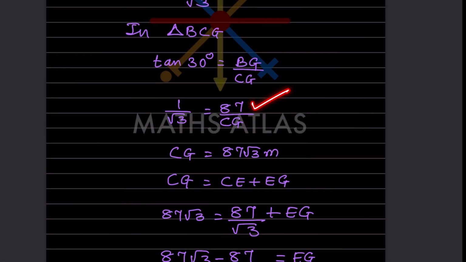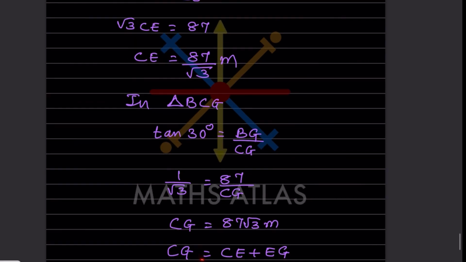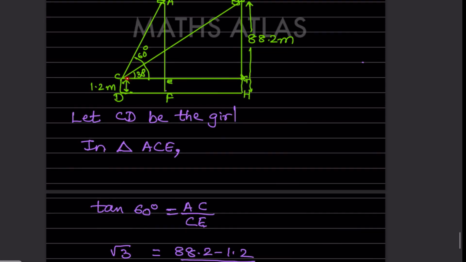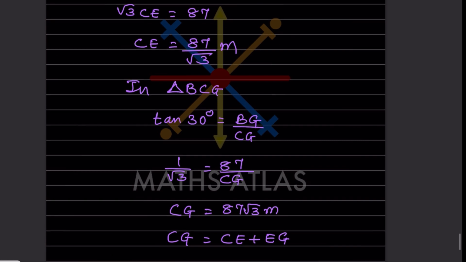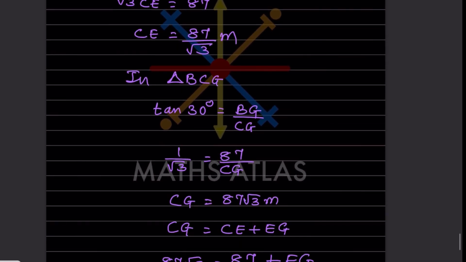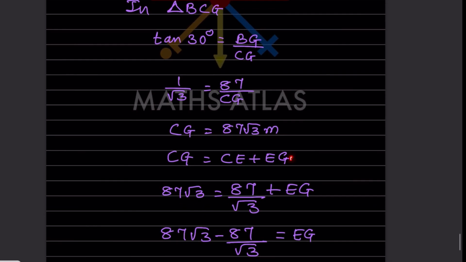So we can write directly 87, and CG we don't know. Now when we cross multiply, CG is going to be 87 root 3 meter. What is CG? CG, this whole part, will be CE plus EG. Can you see this step?